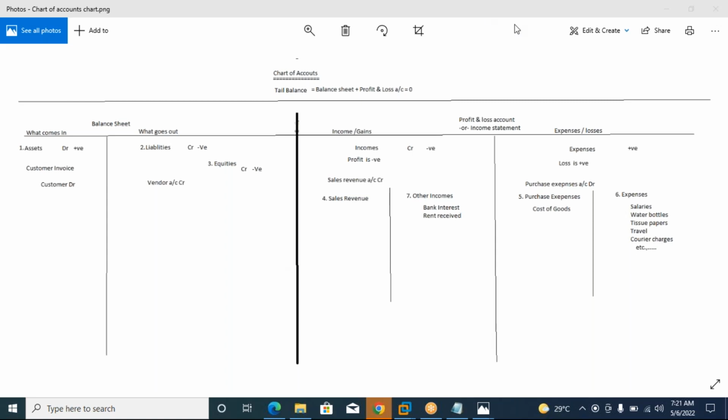Okay, fine. So here, look at this one. Trial balance is equal to balance sheet plus profit and loss. If you want to make the sum 0, and you enter positive 5, you need to enter negative 5 here. Agree? Then only it will become 0.